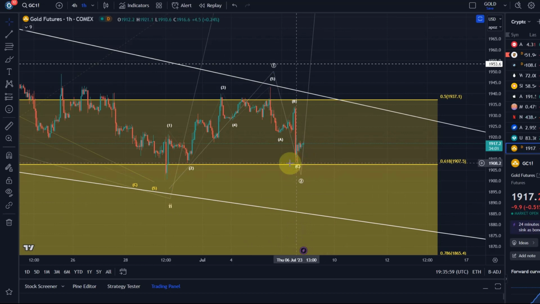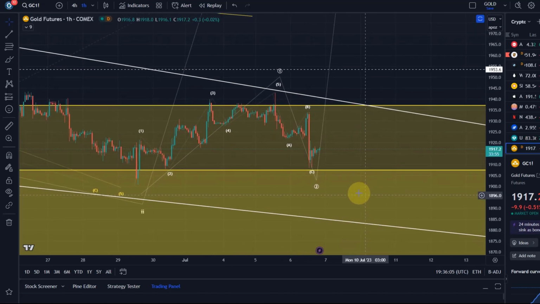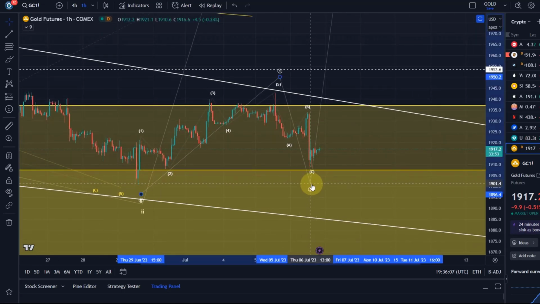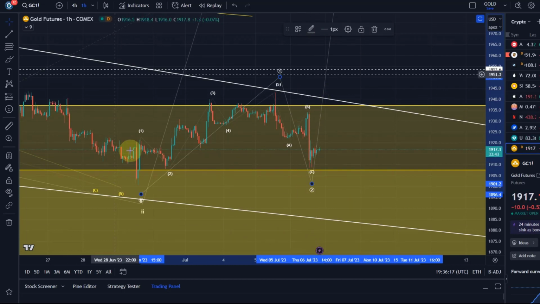And to be honest, if this is supposed to be something bullish, it needs to turn around now. The first evidence that we have bottomed in circle wave 2 would be a break above the B wave high at 1934, and then it needs to take out the wave 1 high at 1943. Until then, honestly, this could just be a corrective pattern because it is a diagonal at best, okay, at best.